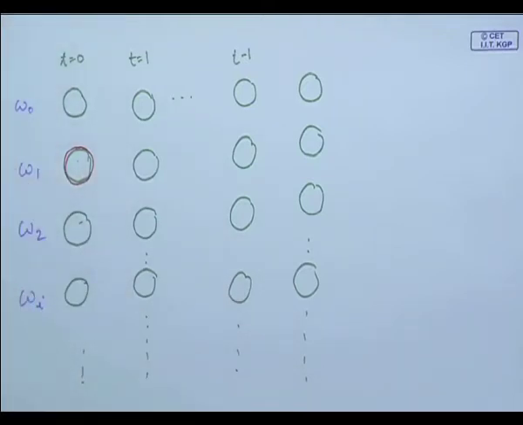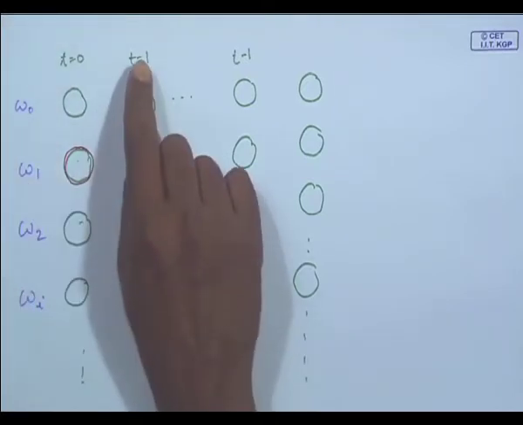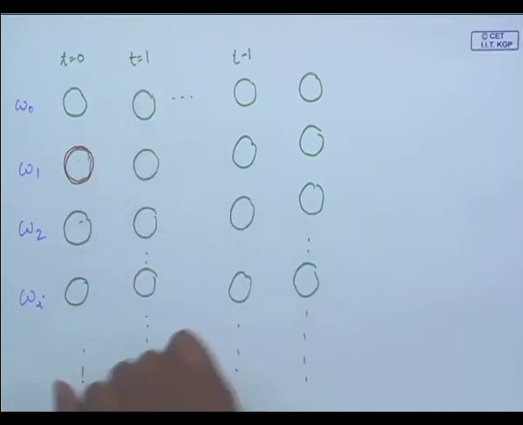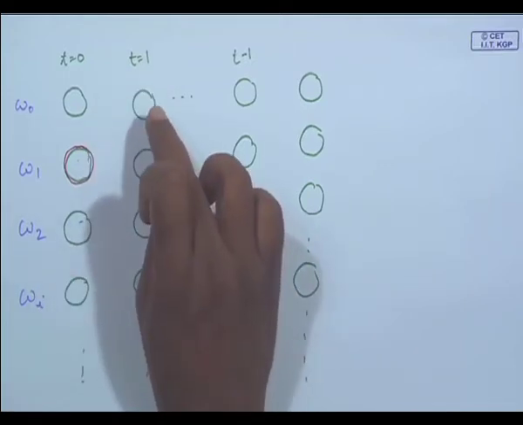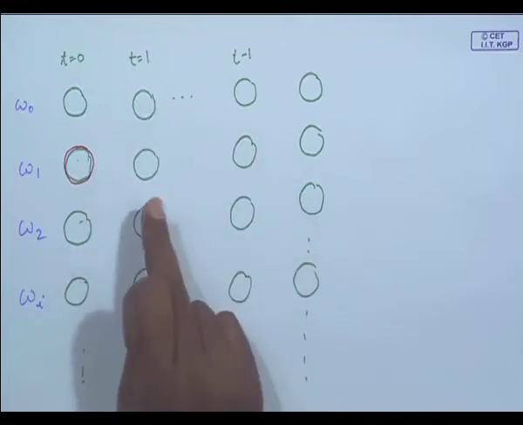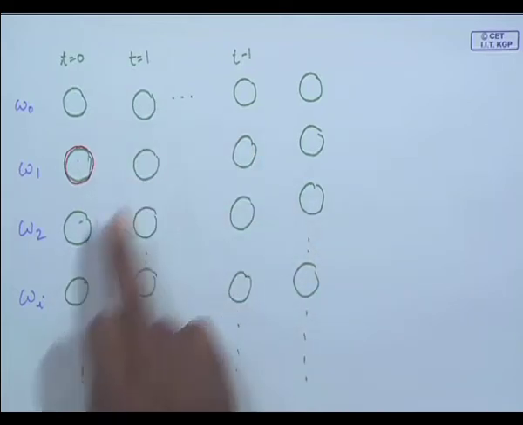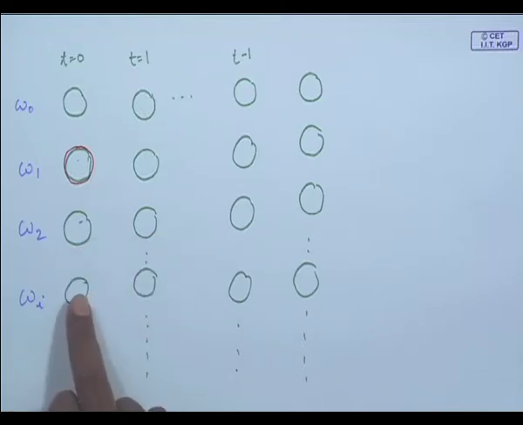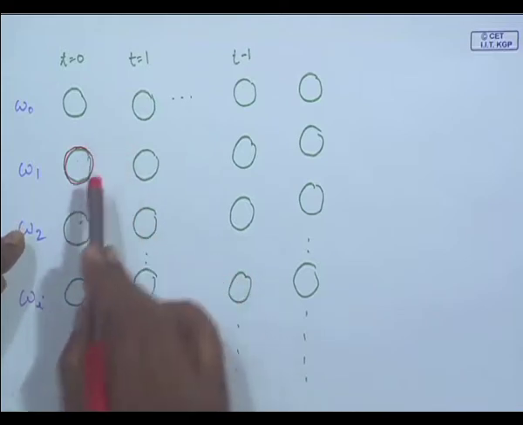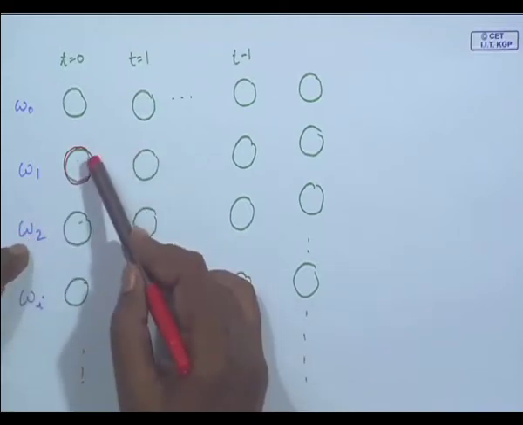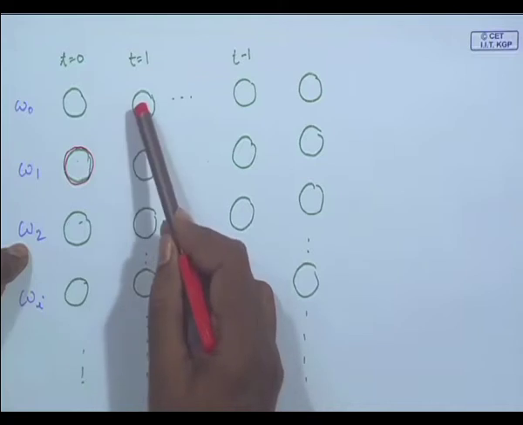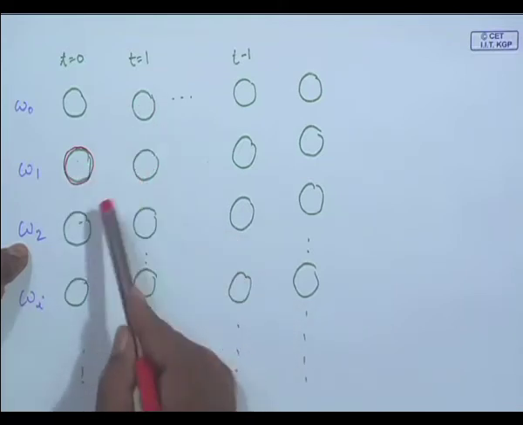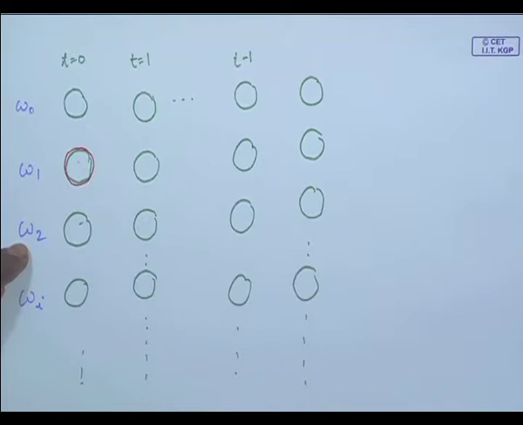Then I can find out at t equal to 1 what is the probability that the machine will be in state omega 0, in state omega 1, in state omega 2, in state omega I, and so on. The reason is, from omega 1 it is possible to make a transition to omega 0, to omega 1, omega 2, omega I, like this.